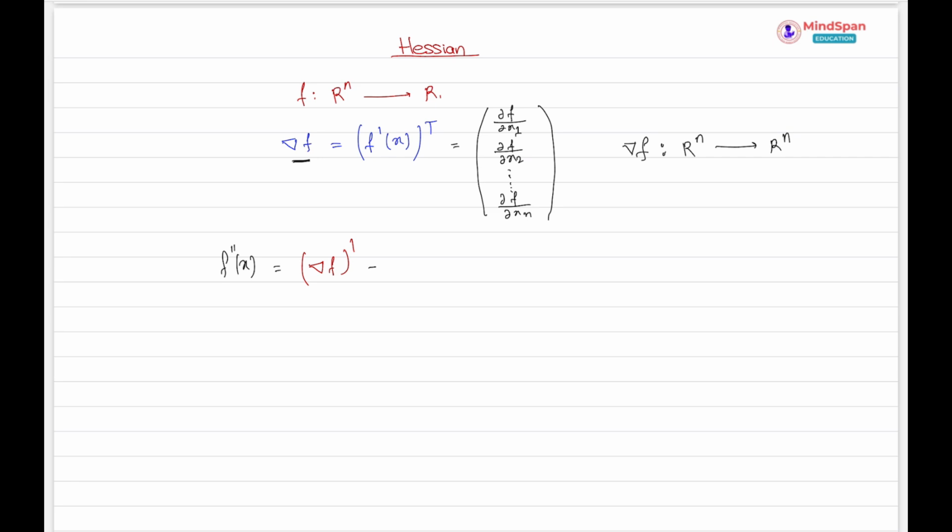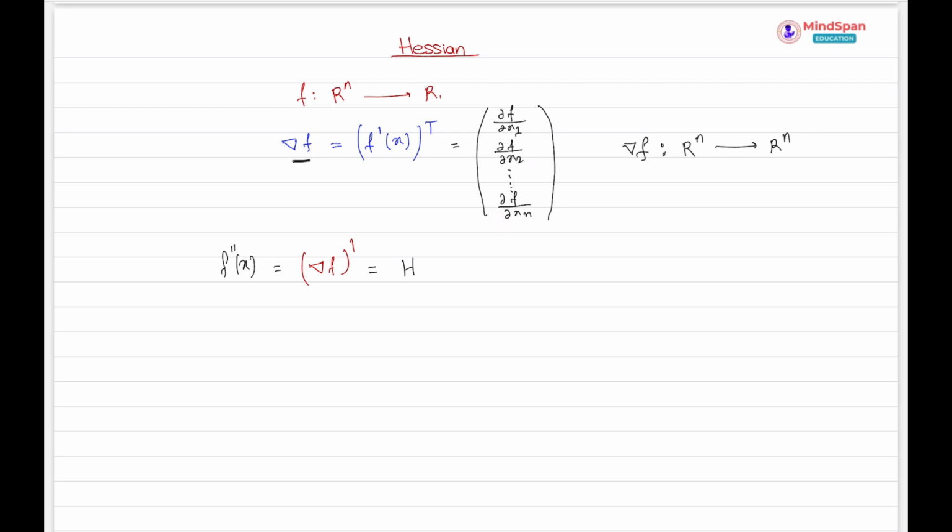And if I take the Jacobian of the gradient, it will be the second derivative, and this is what we are calling a Hessian, right? So this Hessian in this case is just the Jacobian of the gradient, right?